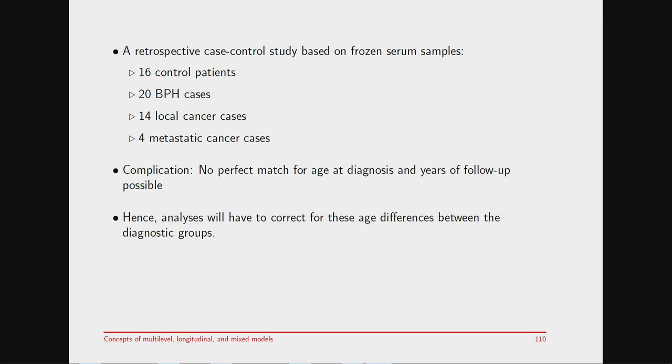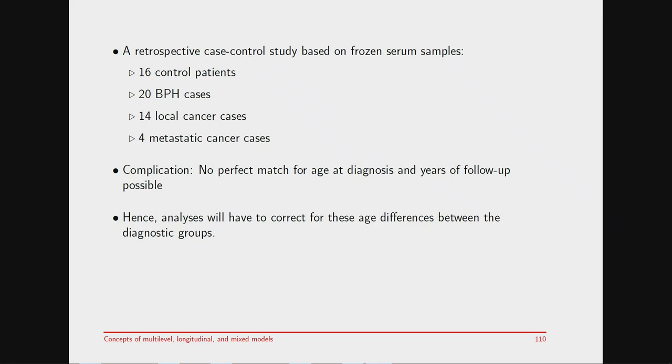And they did this for 14 local cancer cases, 4 metastatic cancer cases, 20 benign prostatic hyperplasia cases, and 16 controls. And once again, you might wonder why only 16 controls, because they have by now thousands of people in their database.